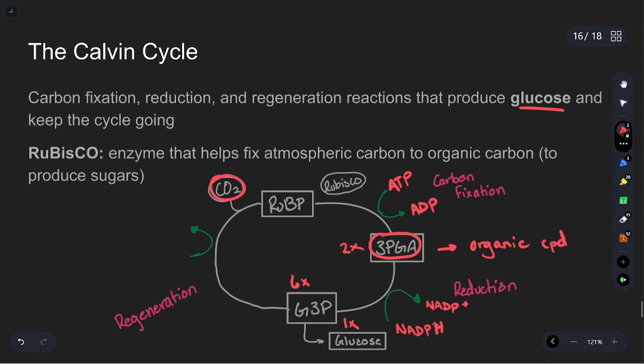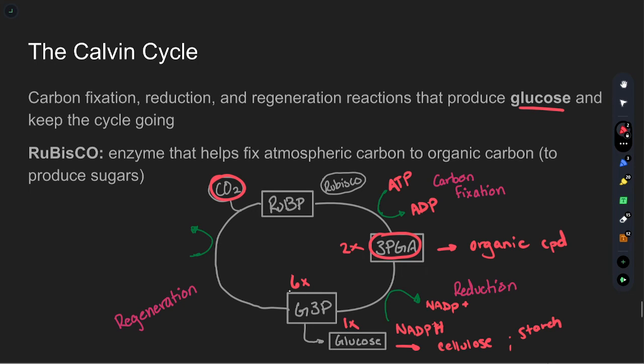One of these molecules is released out of the Calvin cycle and gets involved in another metabolic pathway that will eventually turn it into glucose. And glucose can participate in other parts of the plant as cellulose for structure or as starch for energy storage. So the plant cell is going to use this glucose in some way.